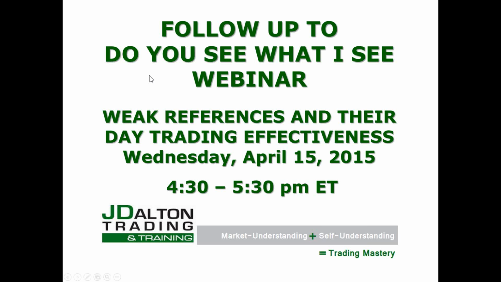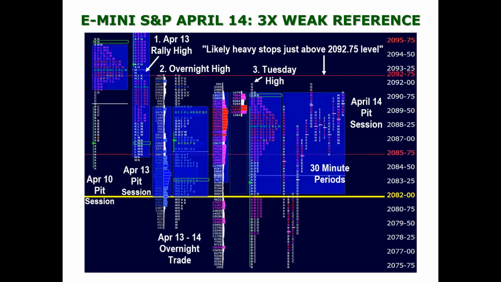On the first slide, on the far left side, you are looking at Monday afternoon's rally high. When you get a trend day down, one of the references we always look at is the afternoon rally high.